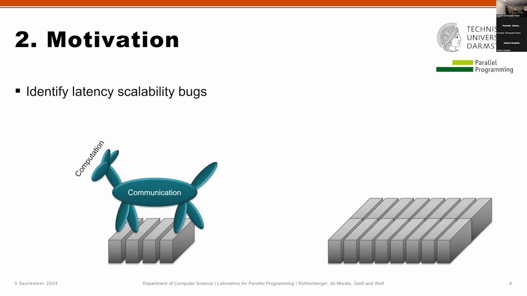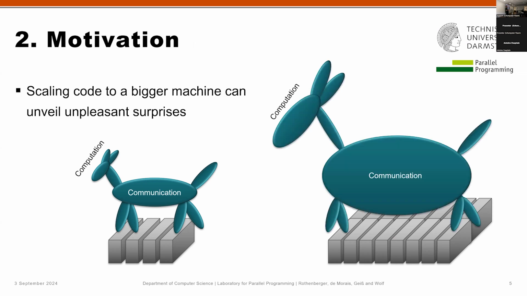You are using our application on a small or medium cluster, and you have more computational resources available and want to scale our application. It works fine for our current situation, but as we scale our code, some unpleasant surprises can happen, as presented here with our scalable animal.